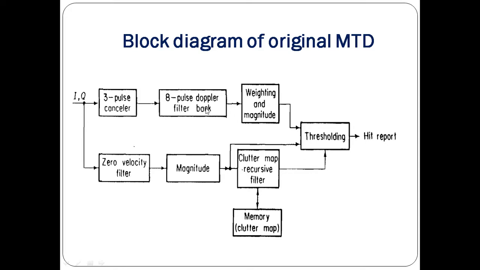8 pulse Doppler filter bank. It will separate moving targets from moving weather clutter if they appear in different Doppler filters. So there are 8 pulses at a time. What is the meaning of moving weather clutter? A moving weather clutter may be a rainstorm or moving birds with a non-zero Doppler shift.